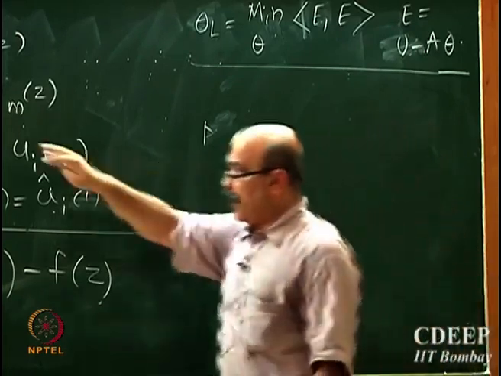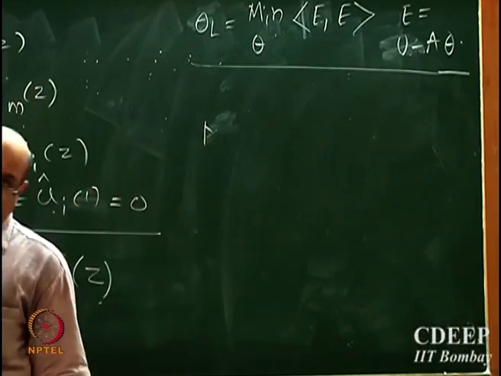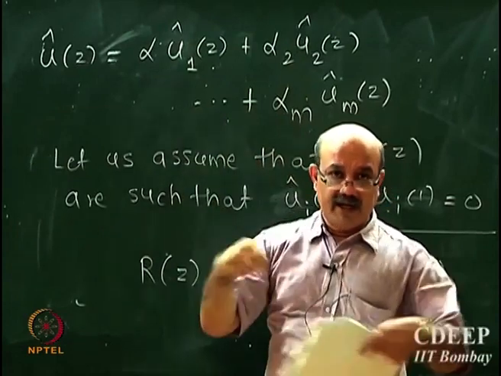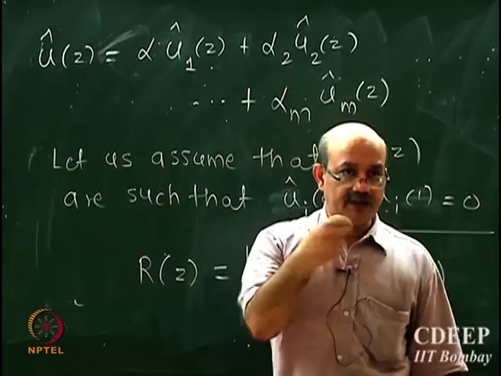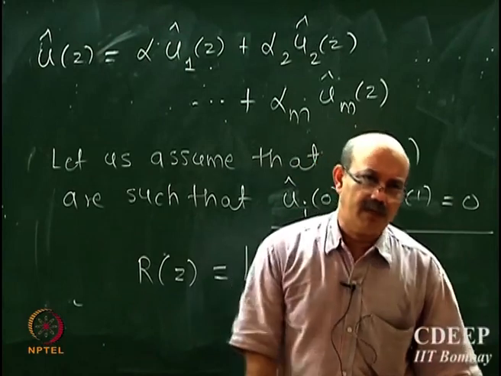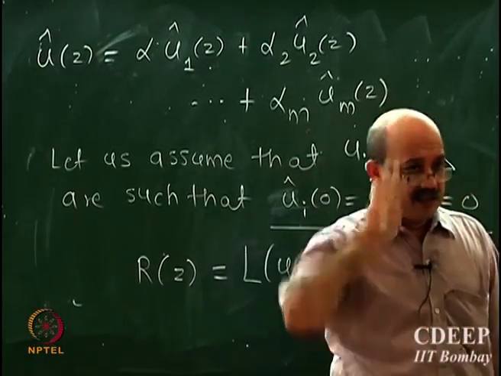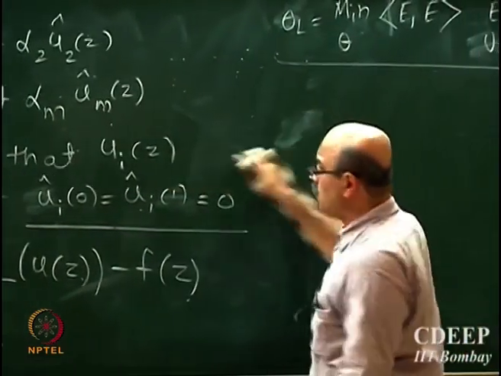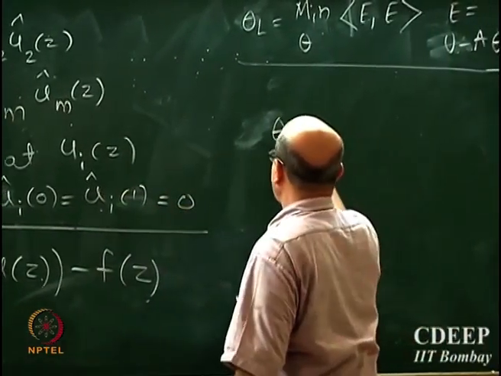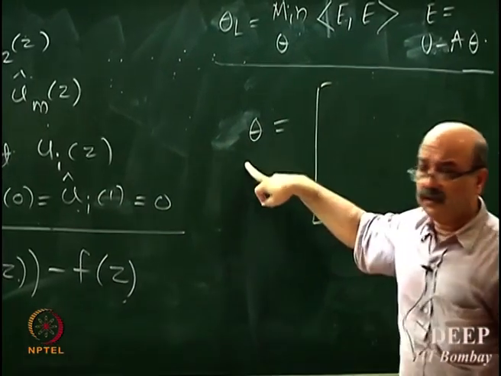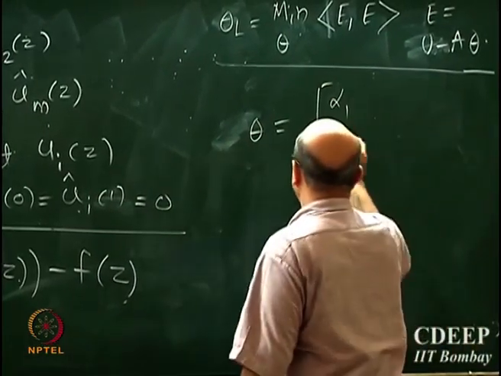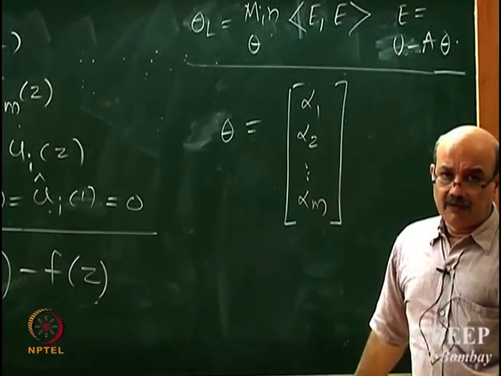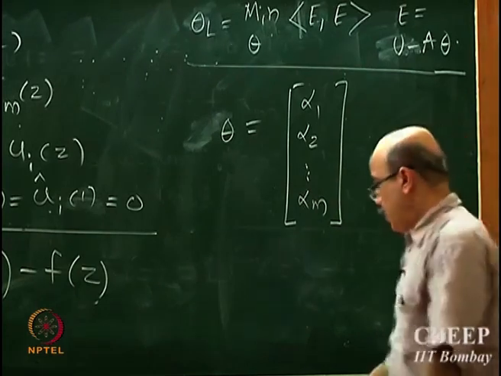If I have to do the same thing here, I'll have to write this as a summation of these functions and then start working with those summations, and the expression will become complex, but that is just algebra. The concept is exactly identical. So what is the unknown here? What is theta here? Alpha values: alpha 1, alpha 2, alpha m.